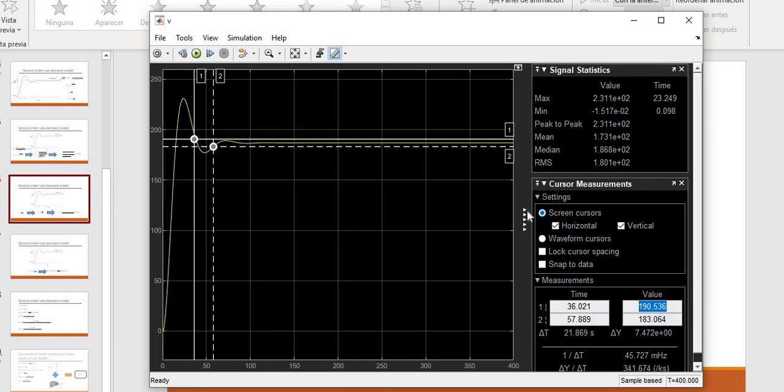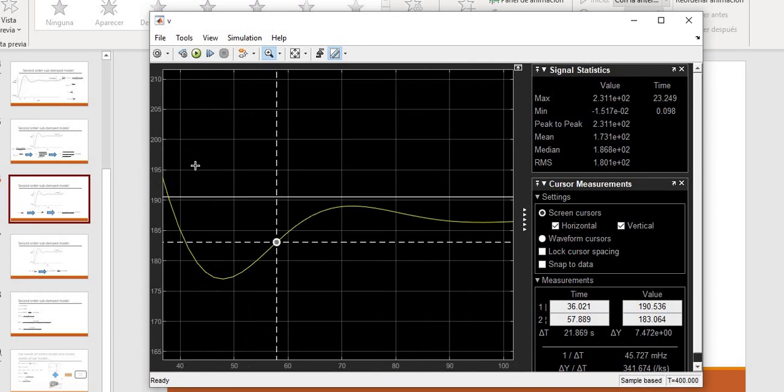Make sure that when you measure the settling time, you are using the screen cursors and the horizontal and vertical are activated. So I just input that number in here, and then I multiplied 186.8 times 0.98 and obtained this value. That is the lower limit, at 2% lower than the settling value. And then I just zoomed in and looked at the last time that the system crossed that point.